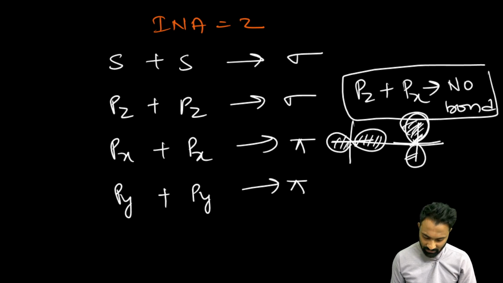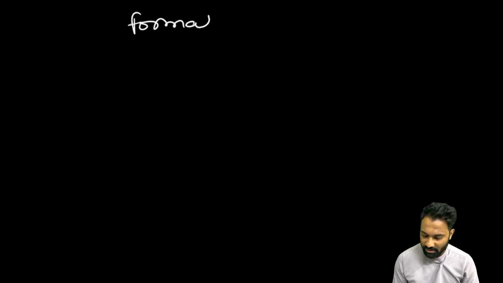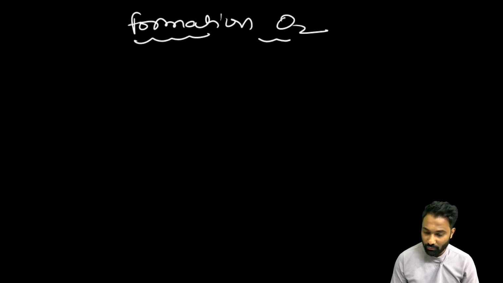Now after that, we have studied how O2 has one sigma bond and one pi bond. In the formation of O2, we have studied what?